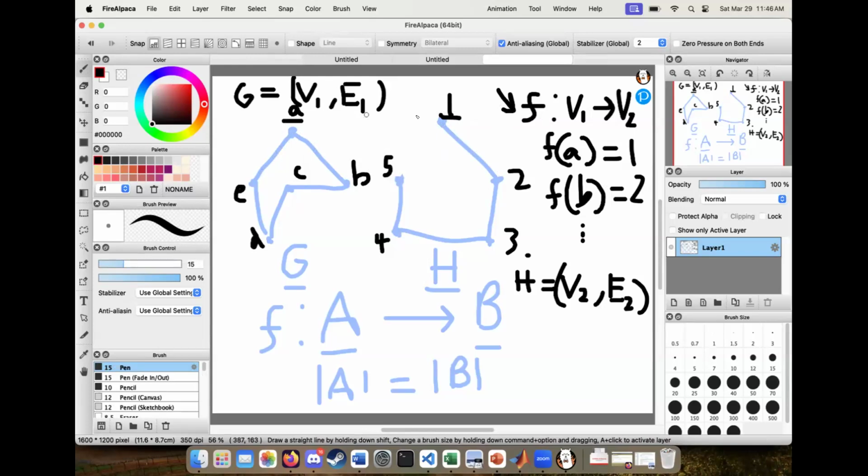So this will not work anymore, because a graph invariant has changed.